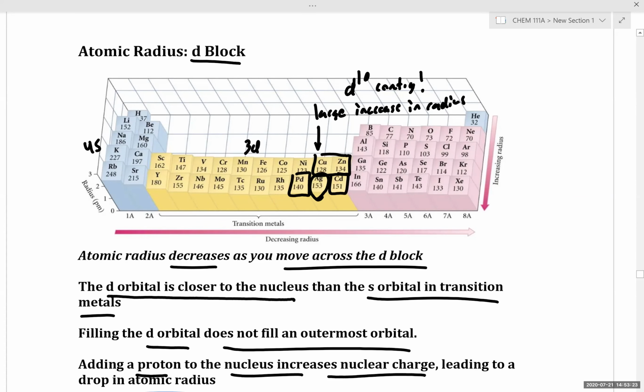So we can see in our observed atomic radius for each element that atomic radius increases dramatically when we have a D10 configuration. But in general, as you move right across the periodic table, including through the D block, your atomic radius decreases. Does this make sense to everyone so far?